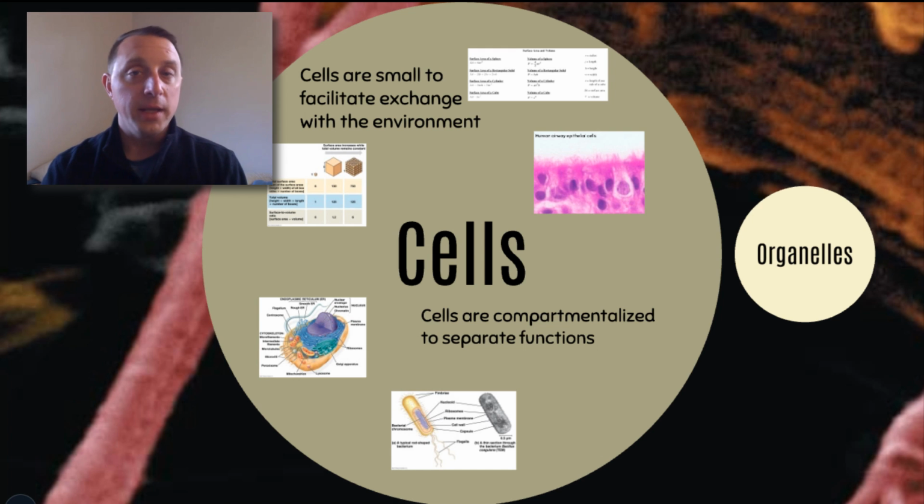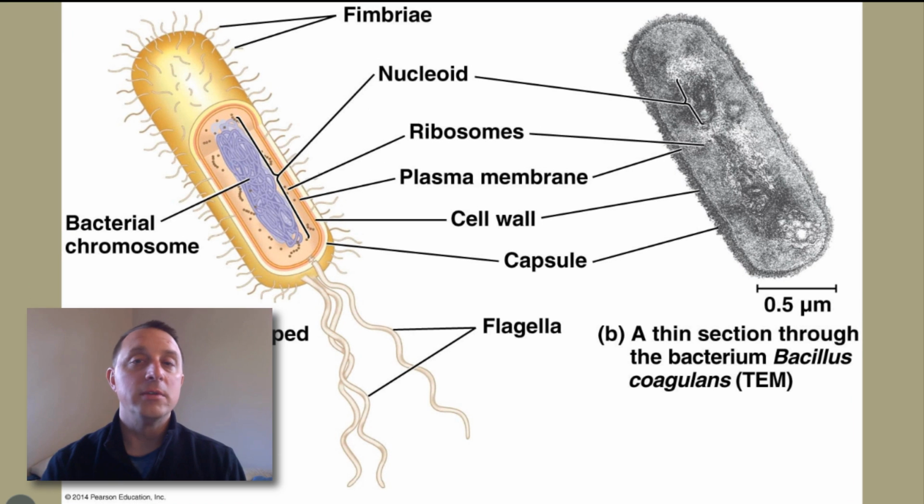The other big aspect of basic cell structure that we looked at was the idea of compartmentalization, that cells are divided out into different areas for different functions. And this is true down to the very, very simple bacterial cells. Right?